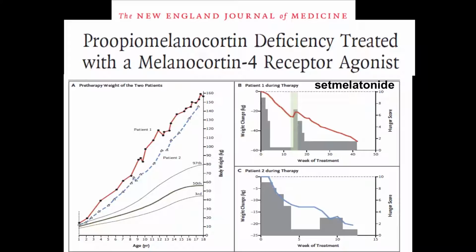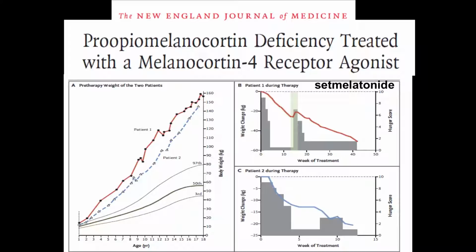And you see the dramatic effect of this drug on the weight. That exactly reminds me of the paper on the leptin treatment for the patient from Cambridge who had received this drug. So it's a very dramatic effect.